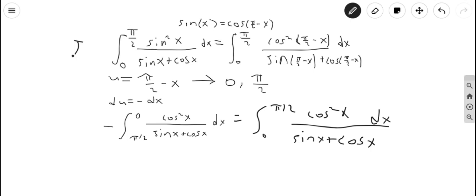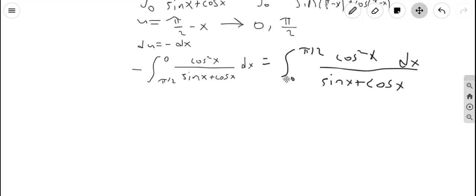Now we're going to say that I equals this integral, which is the integral we're trying to solve. We're going to try to calculate 2 times I, so I plus I, basically.